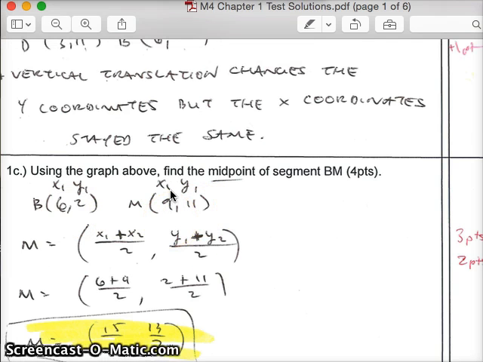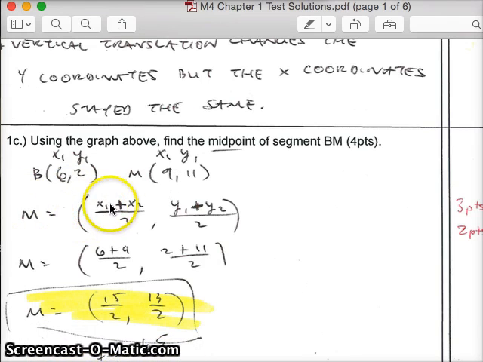The midpoint formula, if you don't have that, you can write it down. M for midpoint equals x1 plus x2 divided by 2, over y1 plus y2 divided by 2. You'll just do your substitutions there. On this test, if you had the formula, I gave you 2 points. If you did a substitution correctly, I gave you 3. If you made a simplifying error, that means you got 3 out of 4.